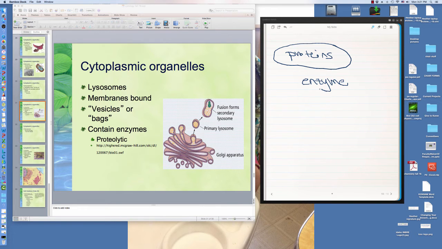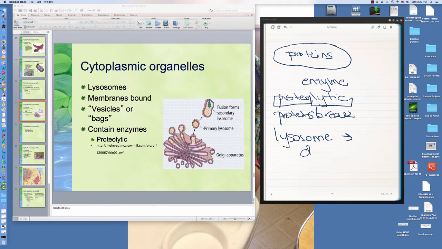And in this specific case, they are enzymes that are referred to as proteolytic. So lytic means to break. Proteo refers to proteins. So the function of the enzymes in the lysosome is to degrade other proteins.